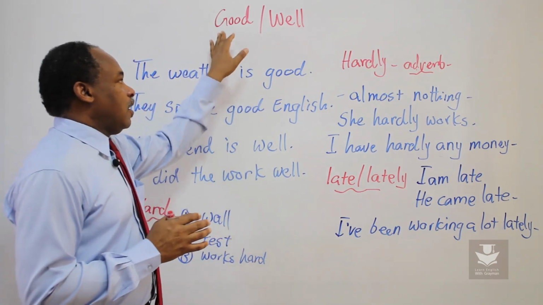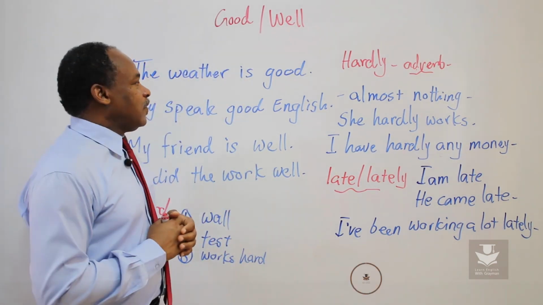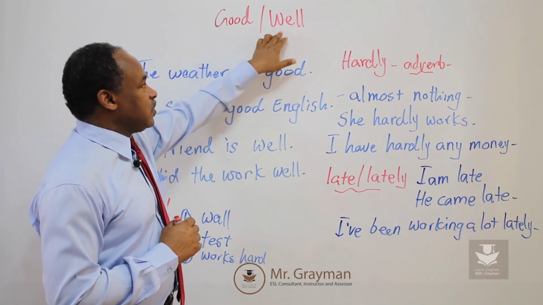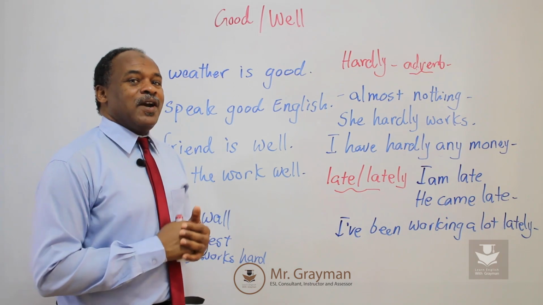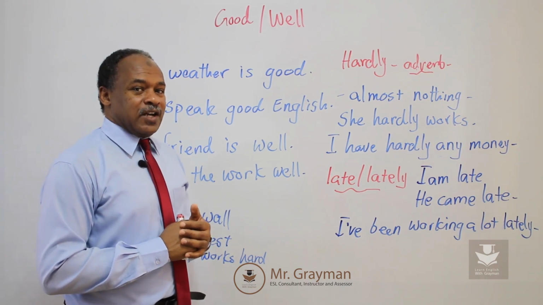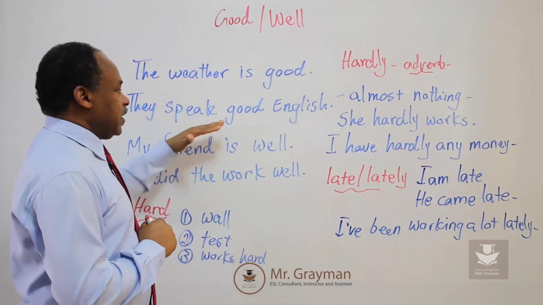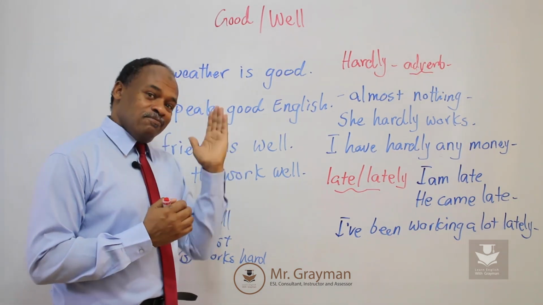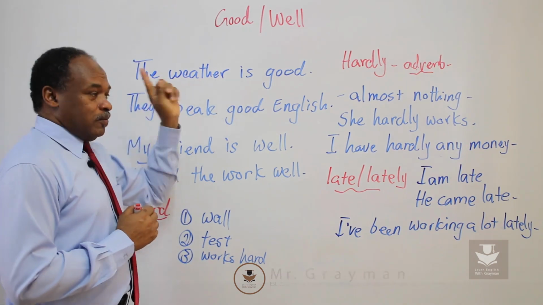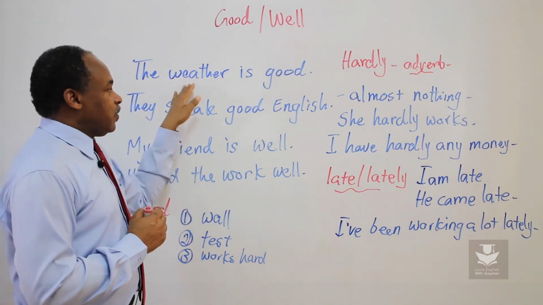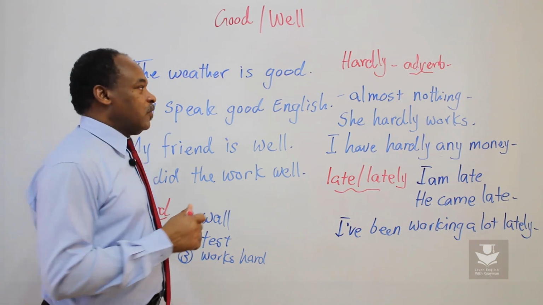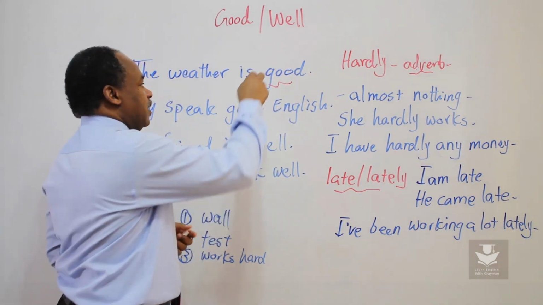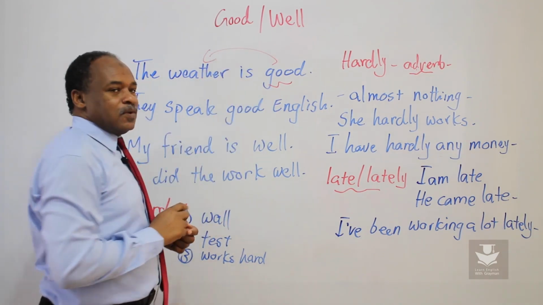Good. It's a very frequently used word, this one. But when people come to use well, they might not use it in the right way. Let's look at the examples. Through the examples, it would be very clear, okay? The weather, you know what the weather is, right? The weather is good. So if you look at the word good here, what does it describe? It describes the weather.